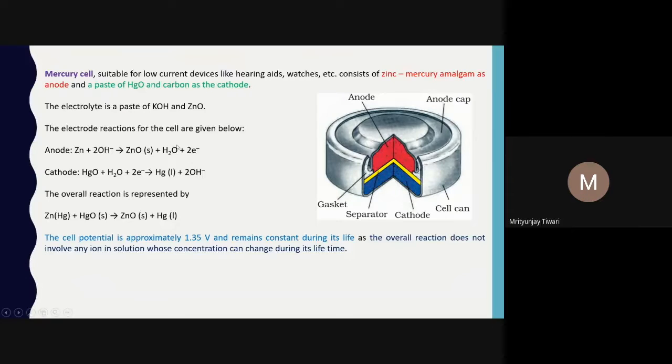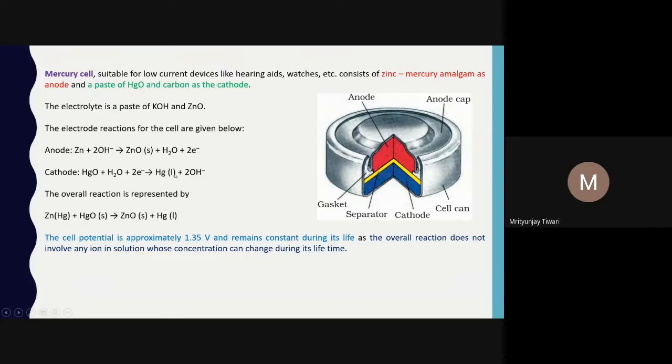These two will move to the cathode, and there they will react with the HgO to form mercury liquid plus 2OH minus ions. This is mercury liquid, not mercury(I). You should not get confused, because if it were mercury(I), we would have to write something else, maybe Hg2O.